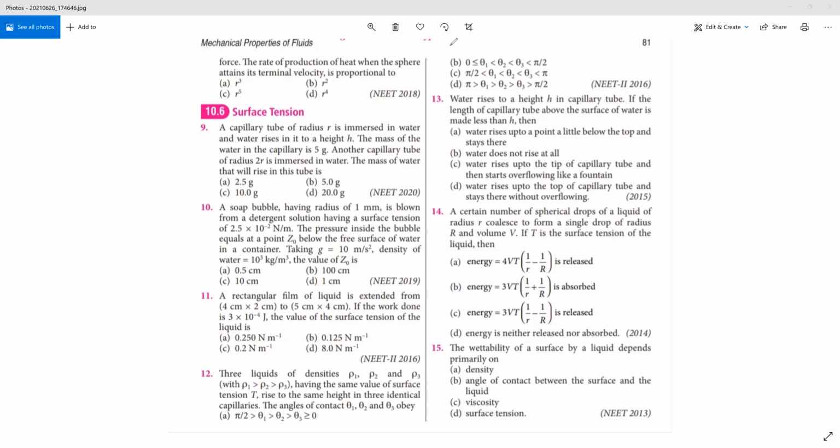The rate of production of heat when the sphere attains its terminal velocity is proportional to which of the four options given. So go through it.